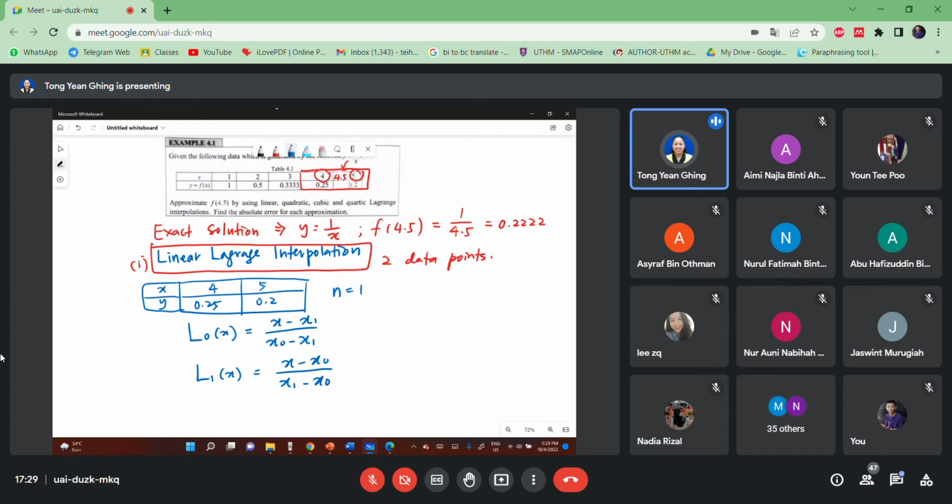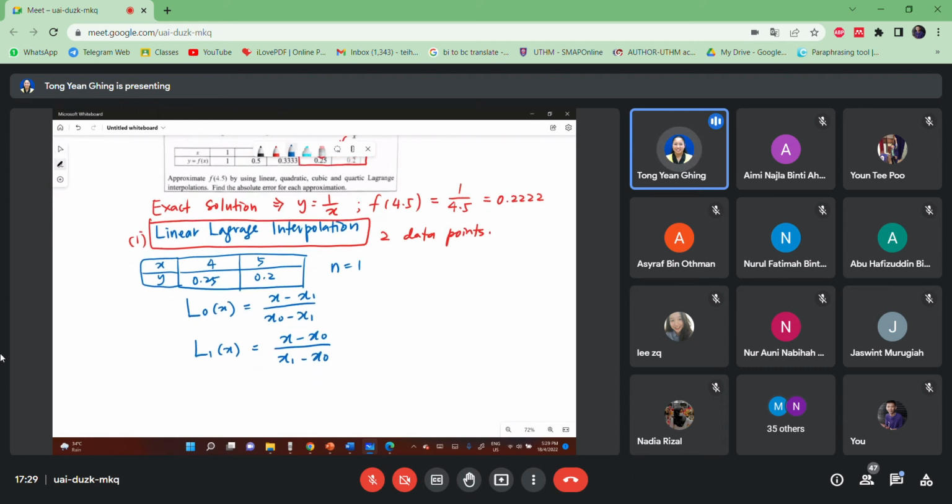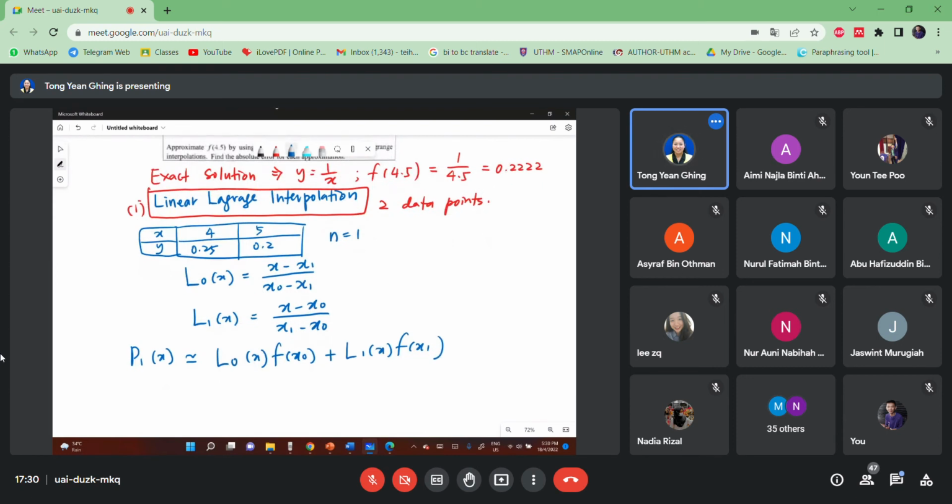If you don't want to write it like this, you can directly write the polynomial function P1(x) and substitute the values directly.